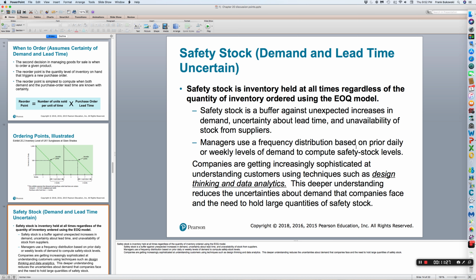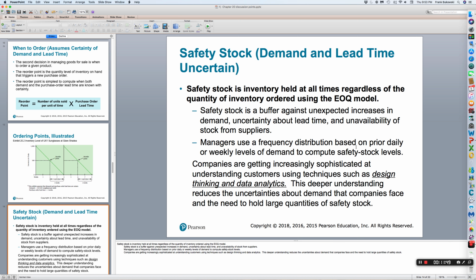Companies are also getting increasingly sophisticated at understanding their customers using techniques such as design thinking and data analytics. So data analytics involves data mining. It's using that data to help predict what our customers are going to buy, when they're going to buy it, and when we need to reorder additional product.